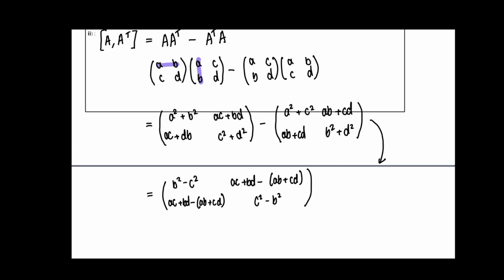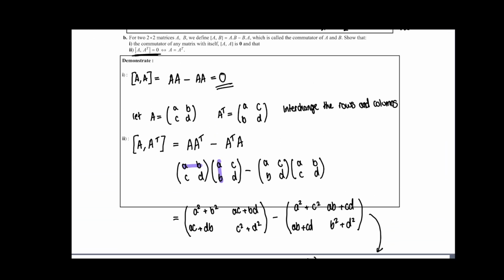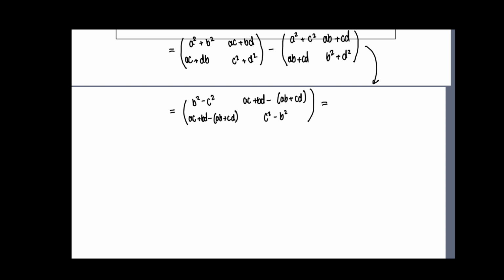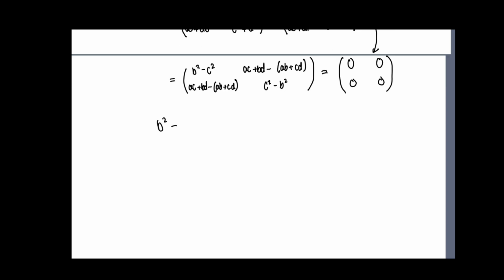And all of this, according to over here, should be equal to 0. So if I write that as a matrix, it would look like that. So that means B squared minus C squared is going to be equal to 0, and AC plus BD minus AB plus CD is going to be equal to 0.